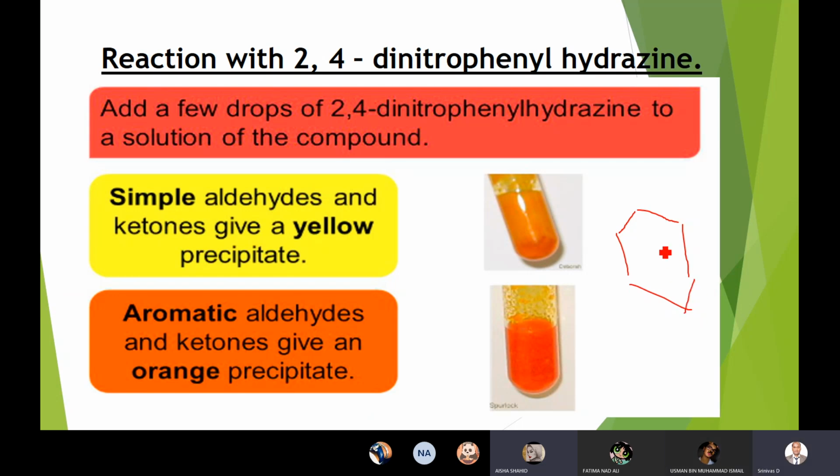Then 2,4-dinitro: here you have one NO2 group, we just call it nitro, not nitrile, and here you have another. I'll show the structure anyhow, but this is how we need to remember.